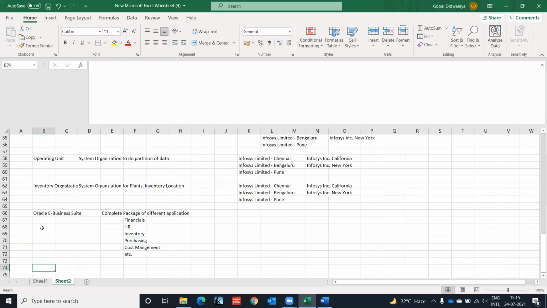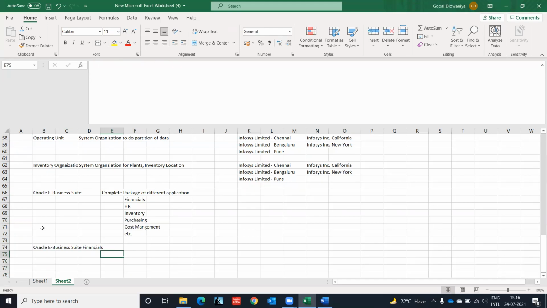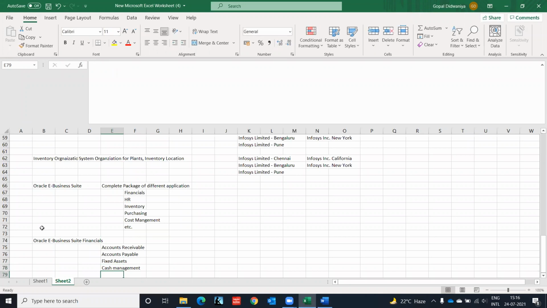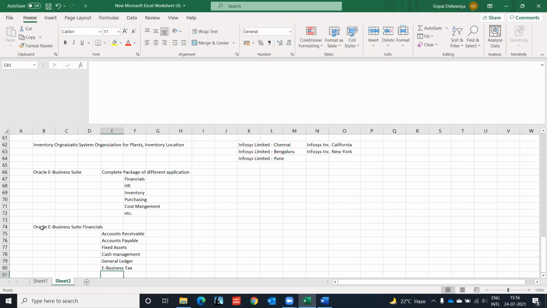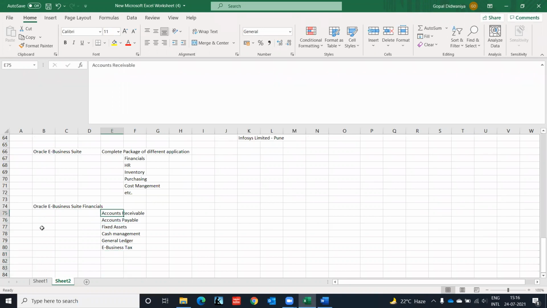But when you say Oracle financials, these are the modules covered in Oracle Financials: account receivable, account payable, fixed assets, cash management, general ledger, business tax.